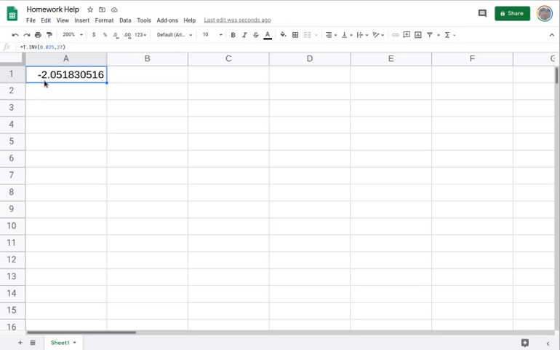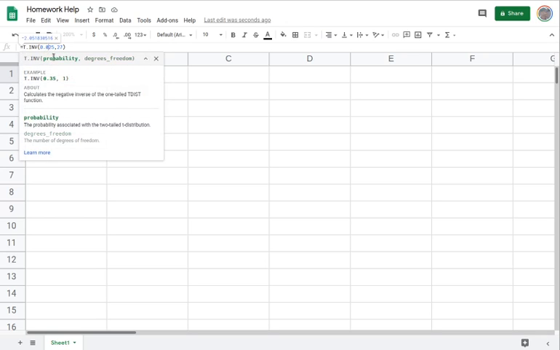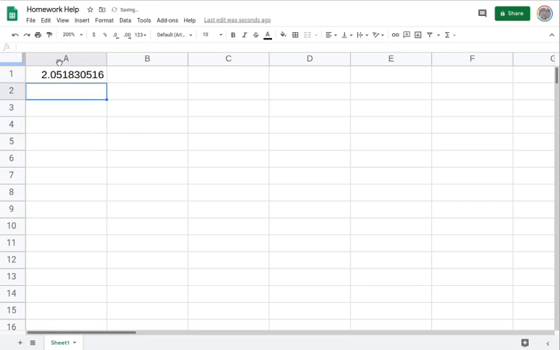So I could do one of two things. I could either say I know this is a right tail test, so I make that positive, or I could subtract my significance level from 1, and that means I would be plugging in 0.975 for my area in the tinv function, and now it'll give me the positive.